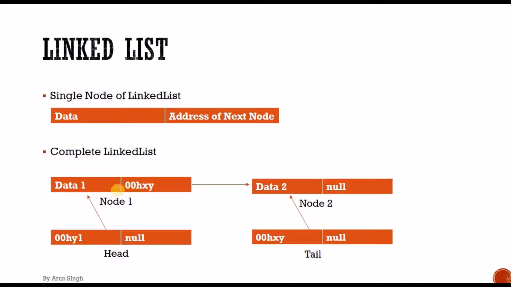So in that case, you can read data from node 1 to node 2 and then you can read data from node 2 to node 1 also. But in a singly linked list, you can move only in one direction. From node 2, you cannot go to node 1 because you don't know the address of the node. But in a doubly linked list, you can move in both directions.